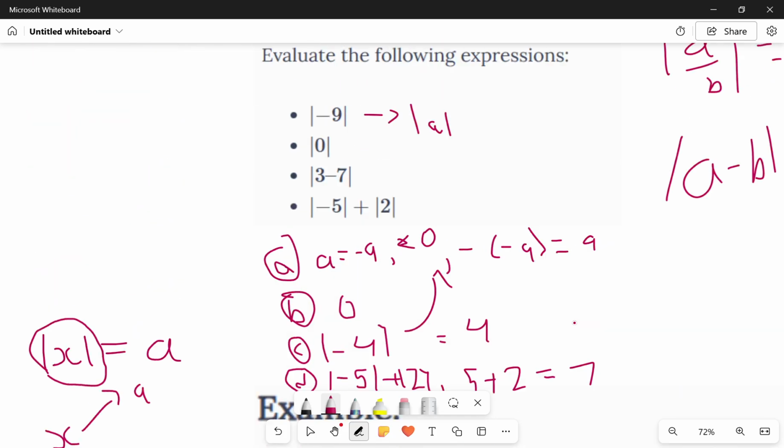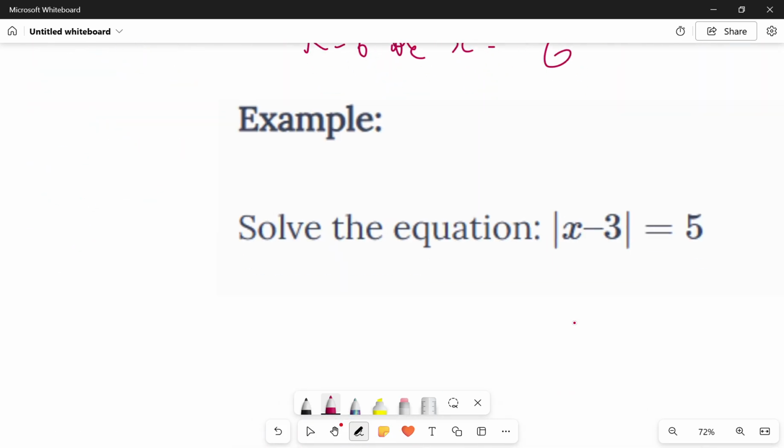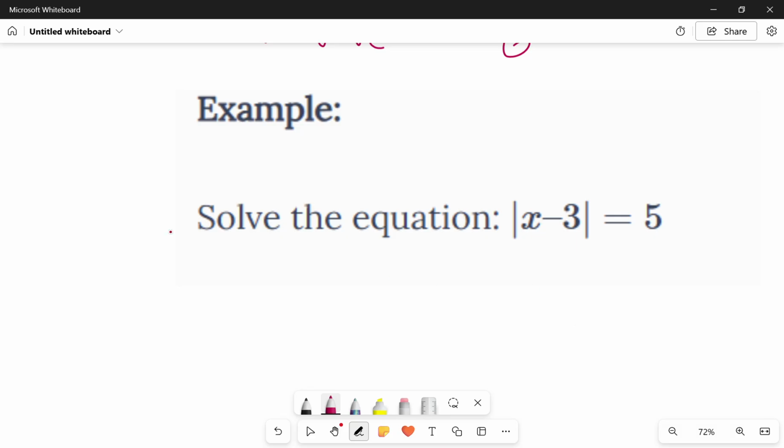Okay, and then we have: solve the equation absolute value of x minus 3 is equal to 5. Just try it on your own.